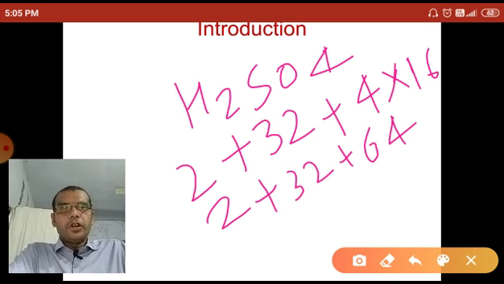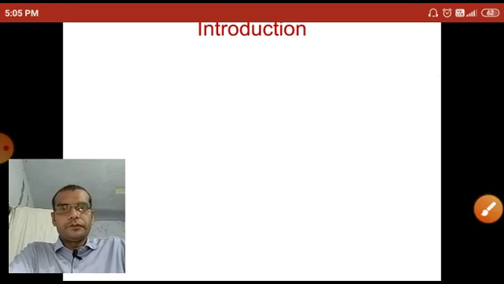After adding all of these, 98. So the molecular weight of sulfuric acid is 98 and the formula of sulfuric acid is H2SO4.